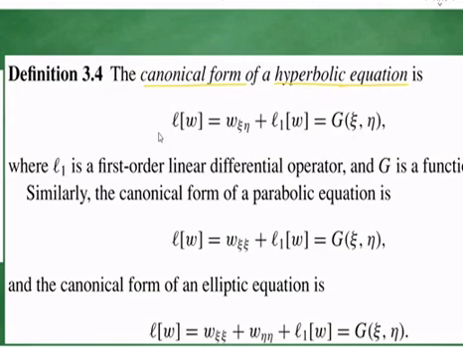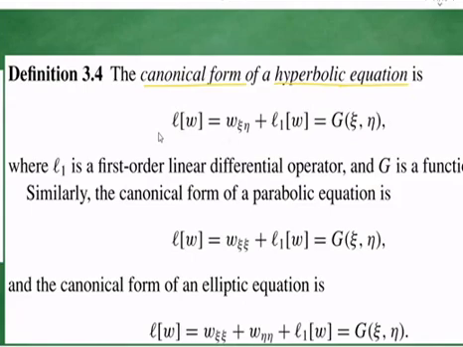So if the equation is hyperbolic, we know how to classify an equation, whether it is hyperbolic, parabolic or elliptic. Now, if the equation is hyperbolic, then its canonical form, that means the simplest form, will be of the form W theta eta.